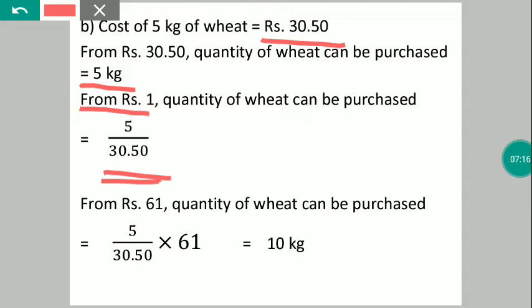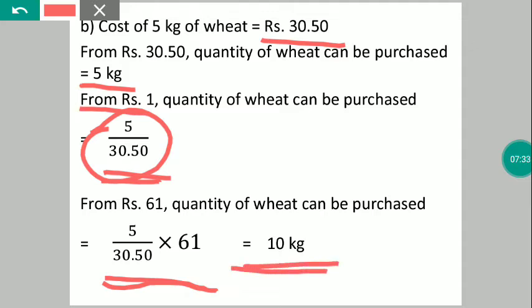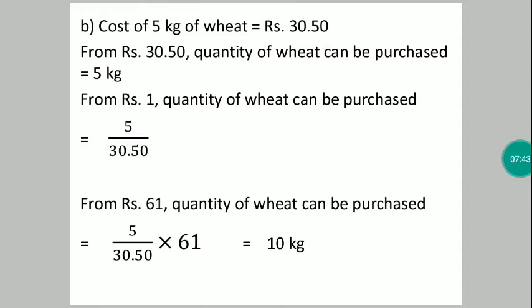For rupees 1 the quantity is 5 upon 30.50, so in rupees 61 the quantity is 5 upon 30.50 into 61. If you solve this, you get the answer 10 kg. So for rupees 61, we can purchase 10 kg of wheat.